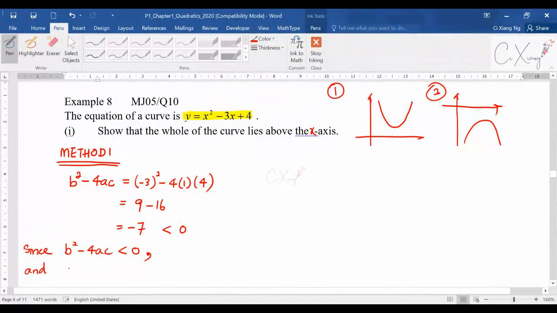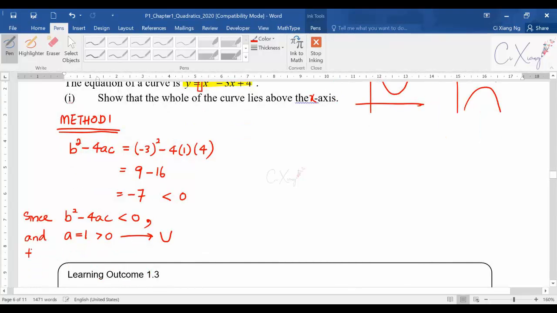You can write, since a is equal to 1, which is more than 0, therefore you have a U-shaped graph. Therefore, the curve lies above the x-axis.